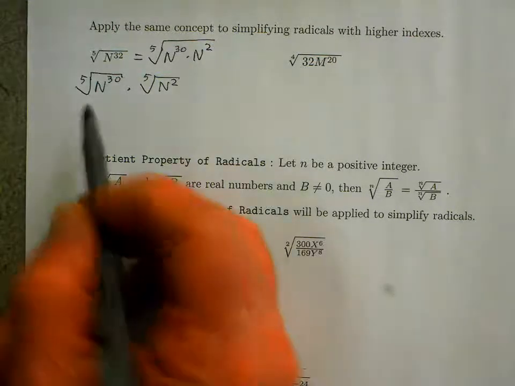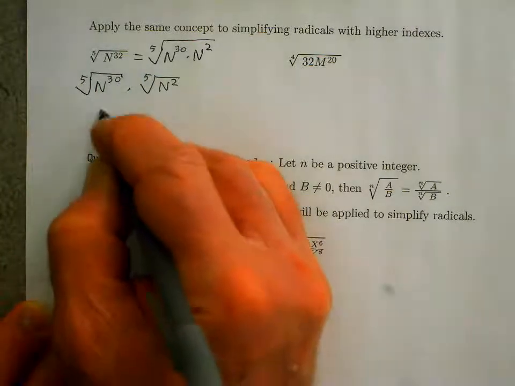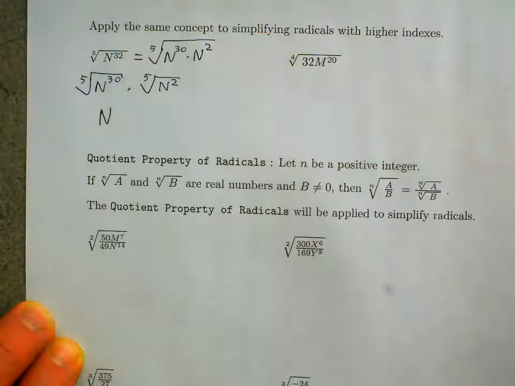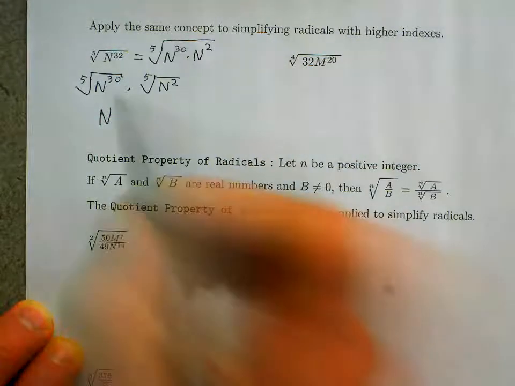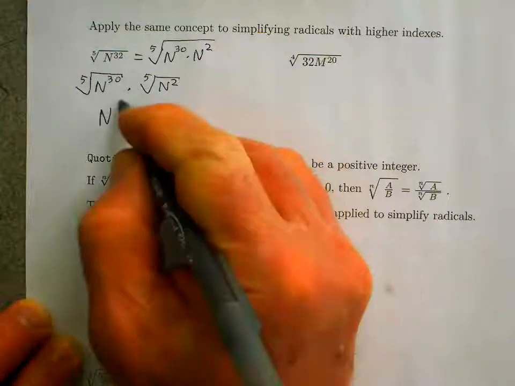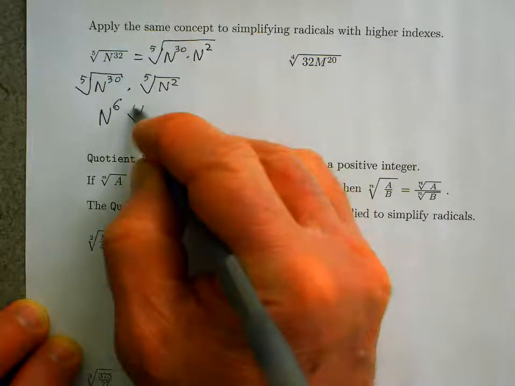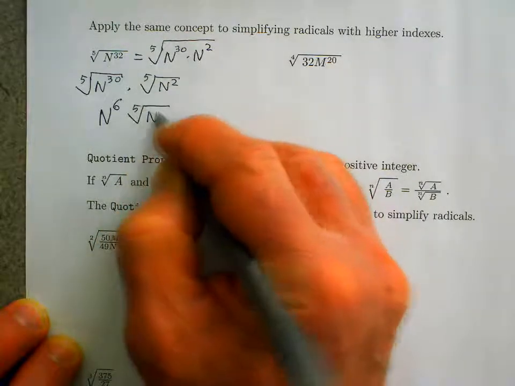So when we simplify the fifth root of n to the 30th, what is the exponent on n going to be? Yeah, it's going to be 6. Divide 30 by 5. 30 divided by 5 is 6. So we have n to the 6th times the fifth root of n to the second.